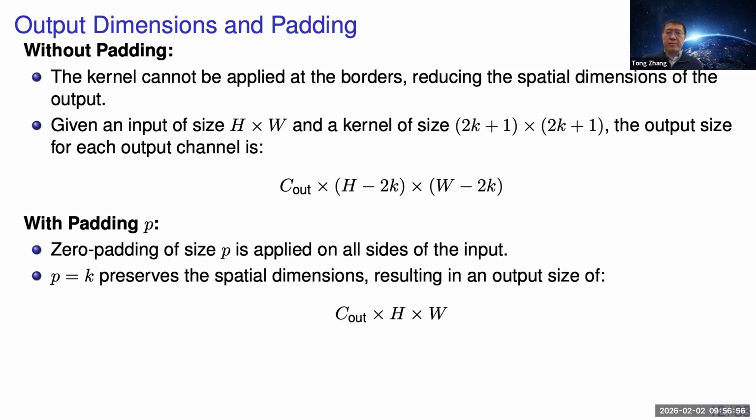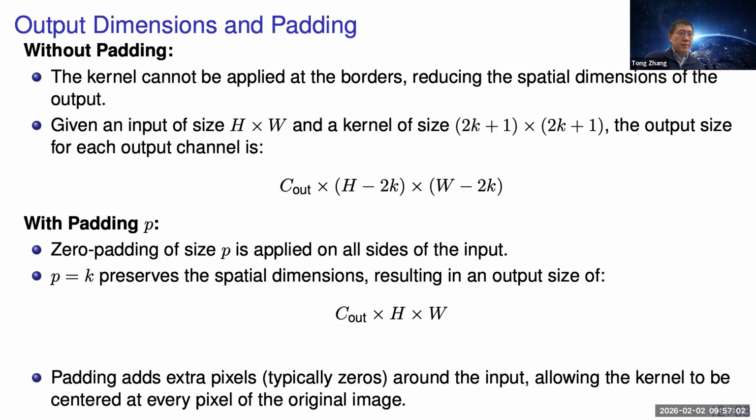So for 3 by 3, usually your padding size is 1. That's frequent. You could do padding size 0 or 1. Padding typically adds zeros around your inputs, which allows the kernel to be centered at every pixel of the original image. That's basically what padding is.